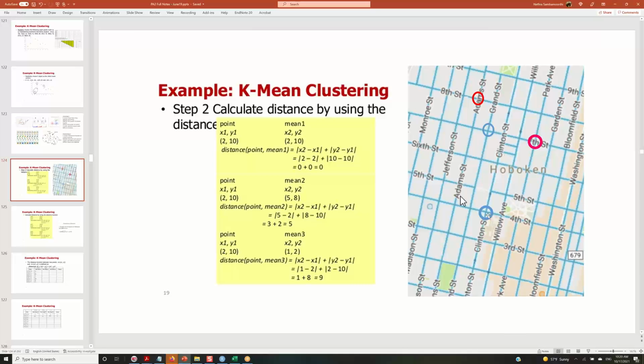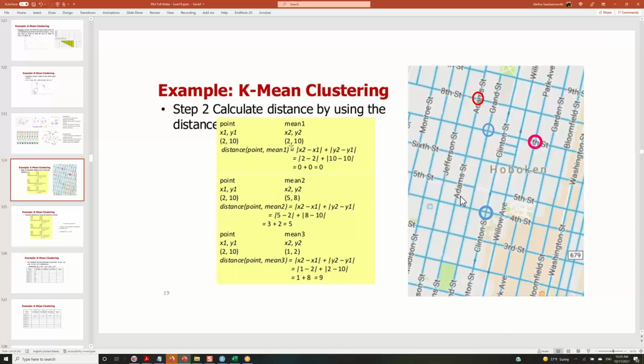So if you want to go from here to here, you have to go some number of steps on this axis, and then go on the other axis. When you go on this axis, the other one has zero change, nothing changes. So you take the absolute difference on this axis from here to here, and then you add the absolute difference on the other axis. That will be your total distance. So this is called Manhattan distance.